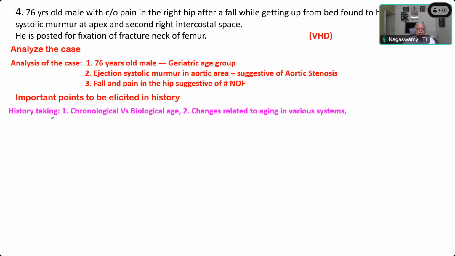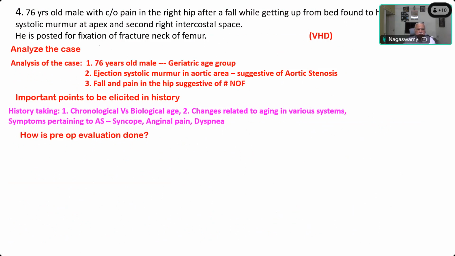So in the history, remember the geriatric age group, chronological versus biological changes in the system, and symptoms of AS. Remember the mnemonic SAD: syncope, anginal pain, and dyspnea. So if you have aortic stenosis, you will be very sad. These are the three important classical symptoms of aortic stenosis.